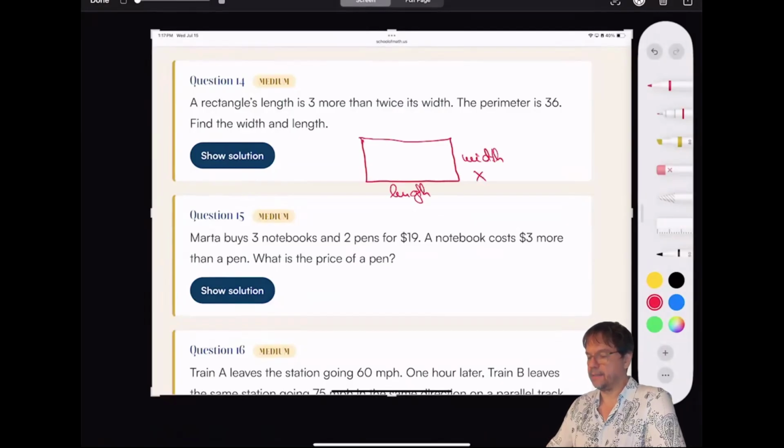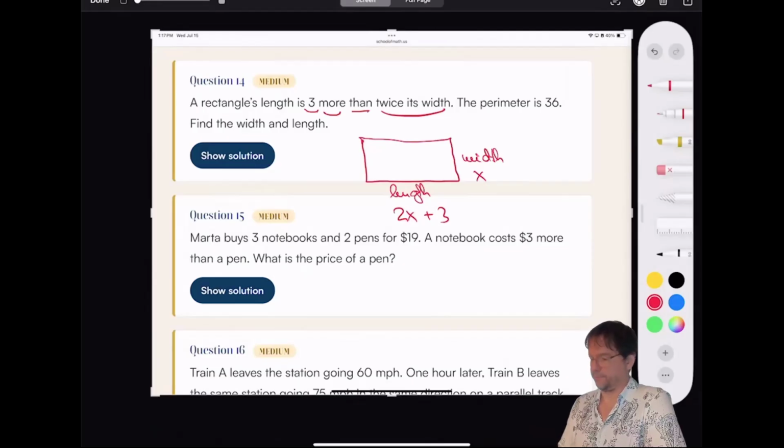The length is 3 more than twice the width. If the width is x, the length is 2x plus 3. Here, we don't have parentheses.